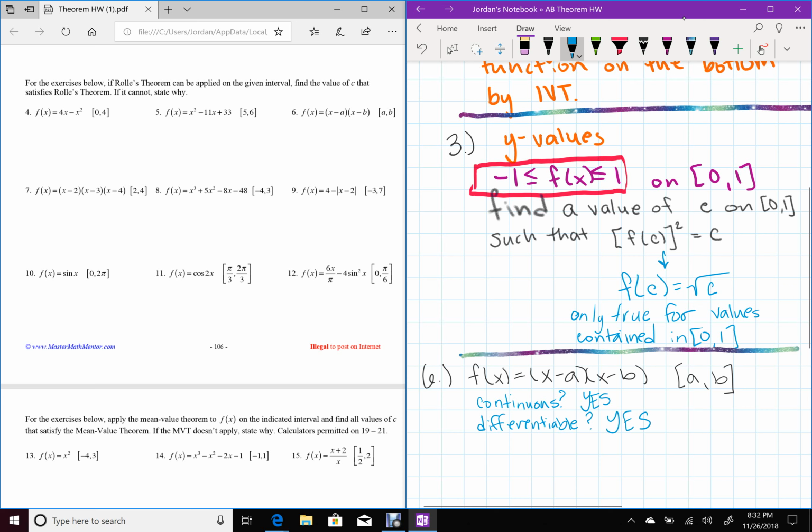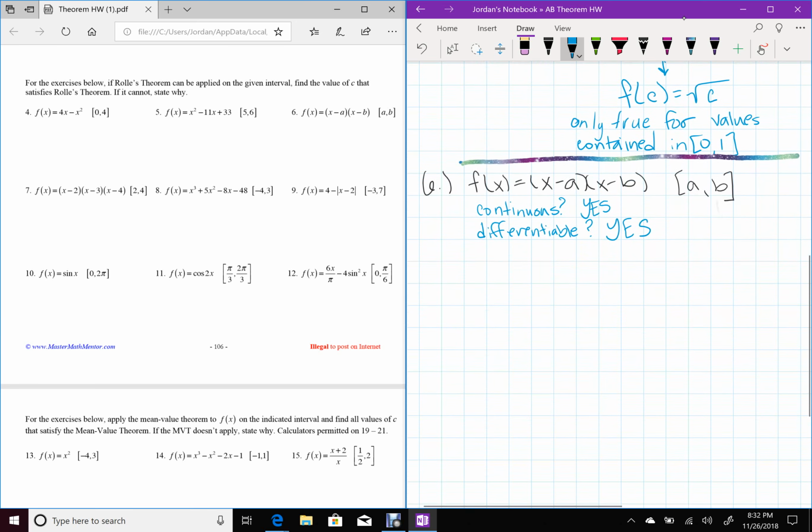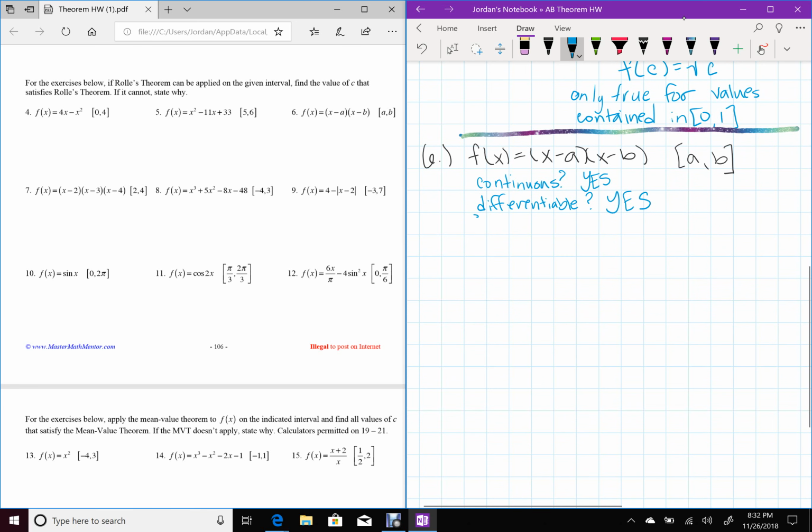Okay, and then lastly, we need for f of a to equal f of b. All right. Well, if we plug in a, we get 0, because a minus a is 0. If we plug in b, again, we get 0 because b minus b is 0. So we conclude we can use Rolle's theorem.